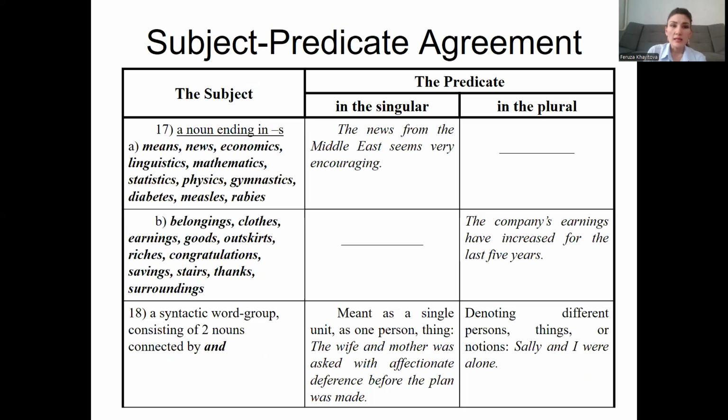Nouns ending in S: news, economics, linguistics, mathematics, statistics, physics, gymnastics, debates, measles, rabies. For example, "The news from the Middle East seems very encouraging."